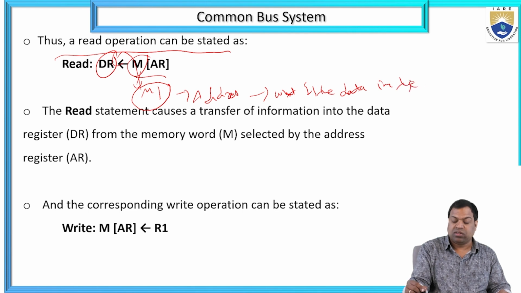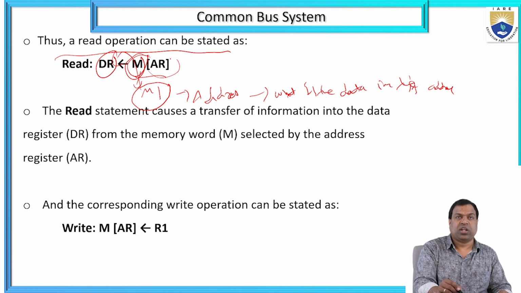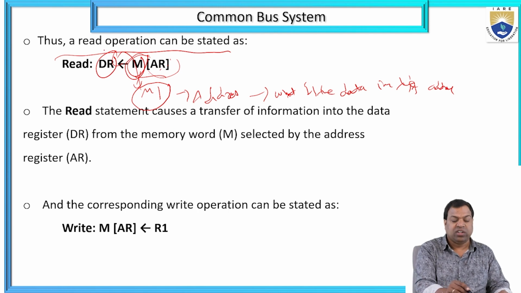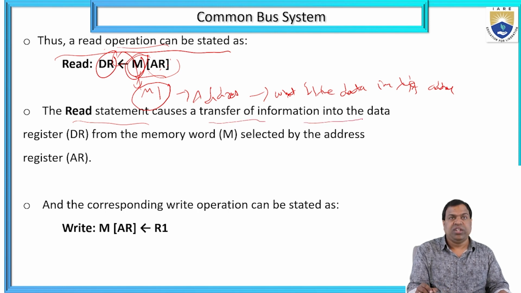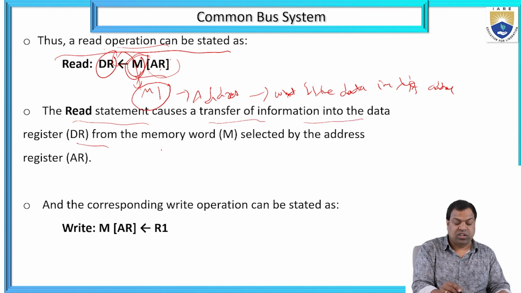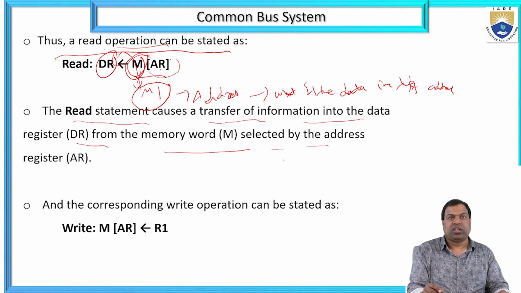So in the particular memory, the address of this particular memory and the data in that memory, that is M[AR] to DR. That is a read operation. The read statement causes the transfer of information into the data register DR from the memory selected by the address register.